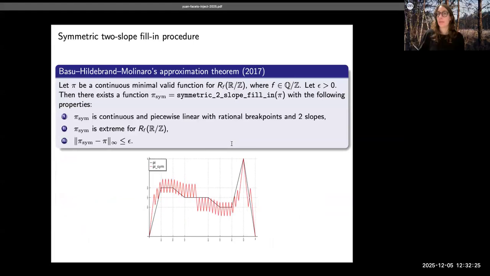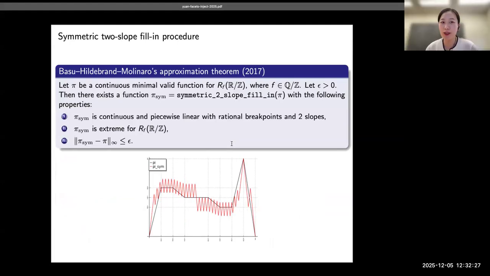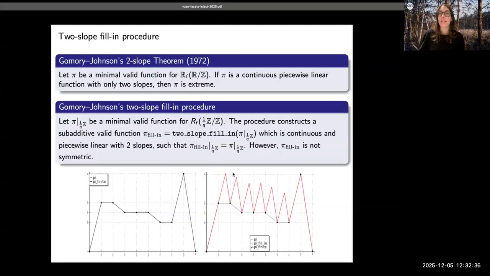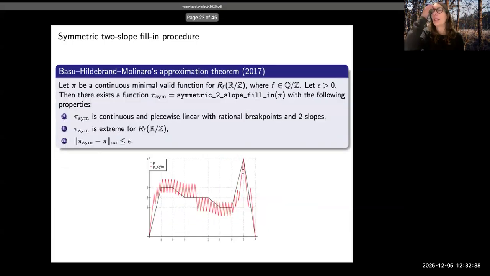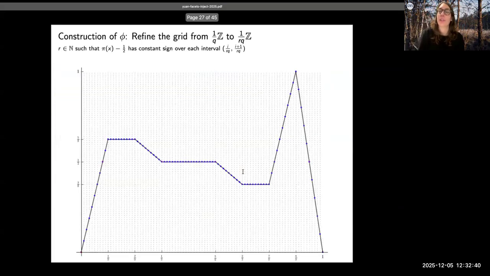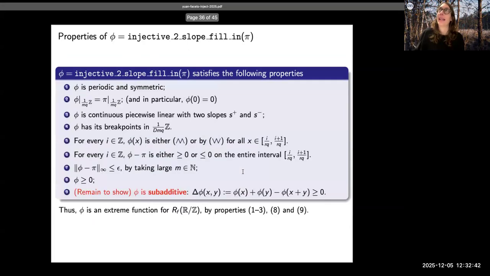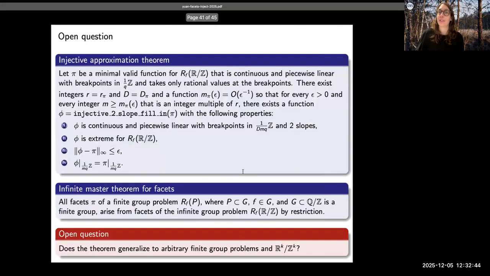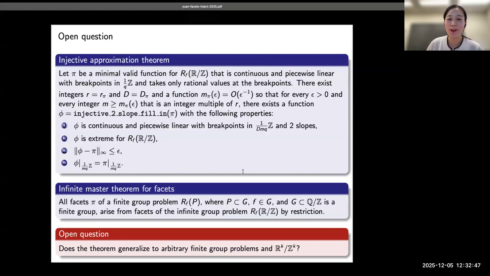Although the previous Basu, Hildebrand, Molinaro construction can show it works for higher dimension. I remember that result and I was wondering how big of a pain it is to extend yours also to higher dimensions? Yeah, that's a great question. It's open. We don't know how to modify the construction for the higher dimensional case.